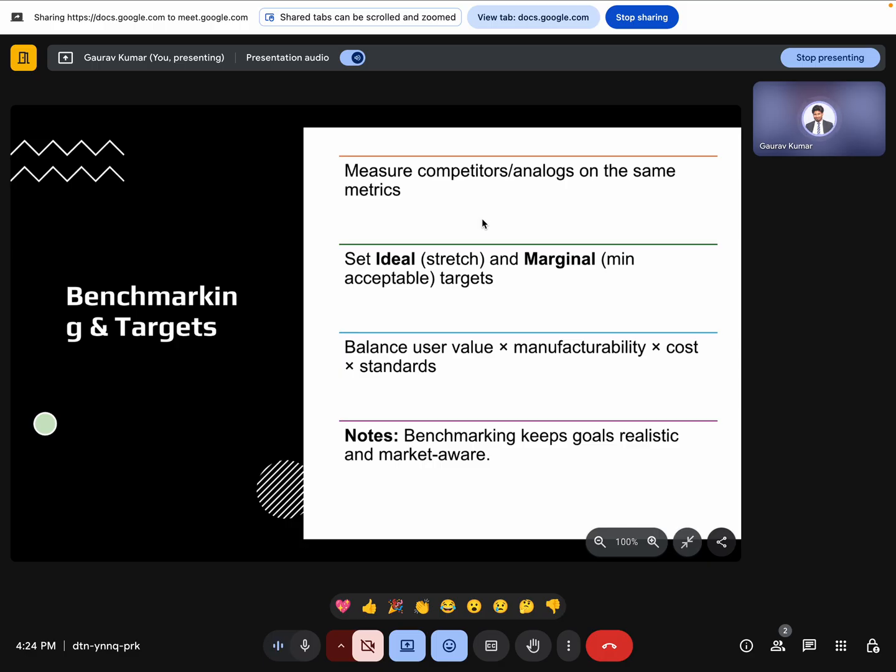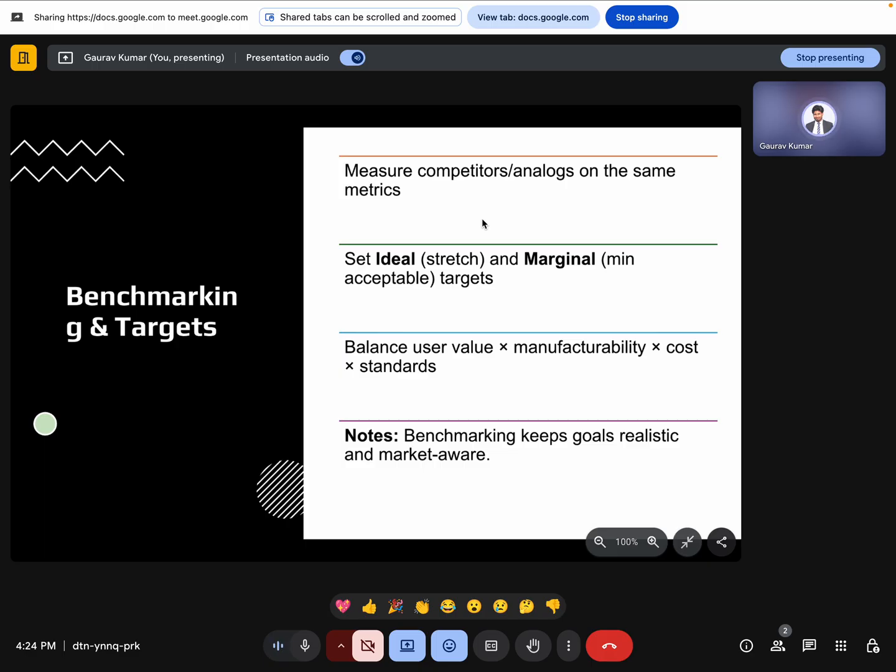I balance user value with manufacturability, cost, and relevant standards, so we don't chase numbers that the factory or regulators will reject.